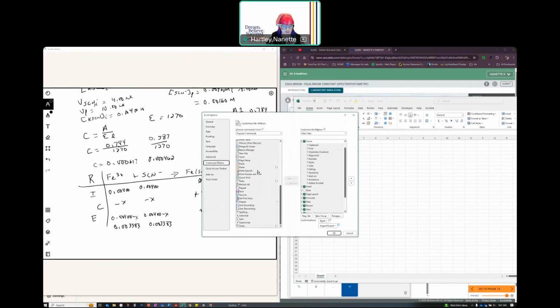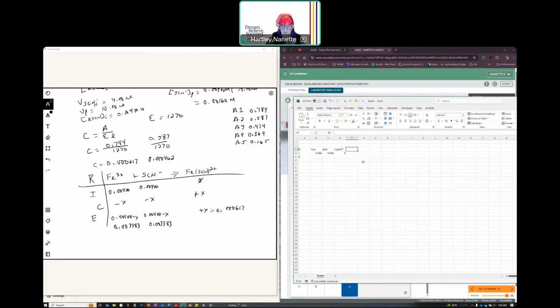They'll be down here under subscript, superscript, and then you can add them to whatever you want to. I have added, as you can see, a little section that I call chemistry. I built a custom section where I put things that are useful to me. It just makes my life a lot easier to have that.